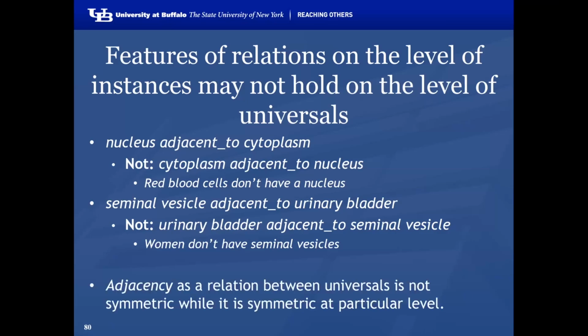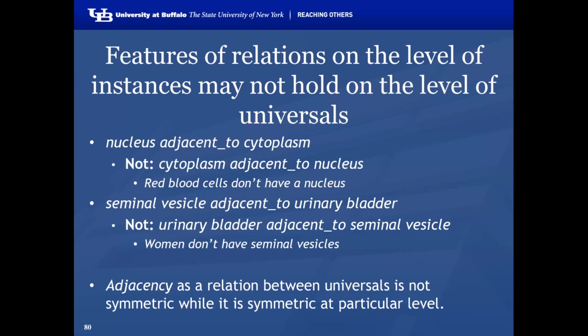So adjacency is a relation between universals, but it is not symmetric at that level, while it is symmetric at the particular level. Again, that important distinction between particulars and types. If you have some particular whose urinary bladder is adjacent to the seminal vesicle, then his seminal vesicle is adjacent to the urinary bladder.